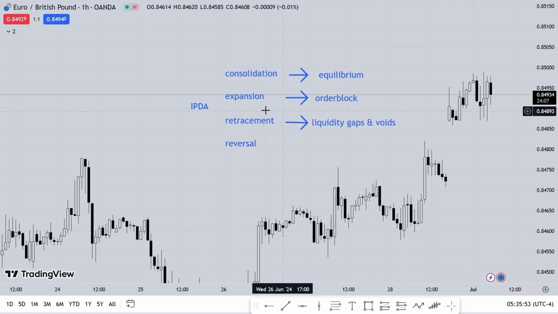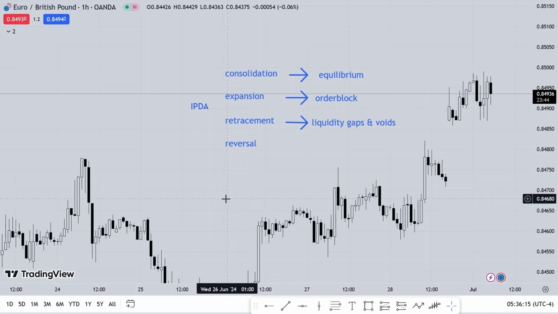So when price makes a one-sided direction, price comes down to fill in an imbalance or to trade back to price levels which were not sufficiently traded to when price was making its one-sidedness, when that expansion leg was taking place. So price will retrace down to seek fair value.